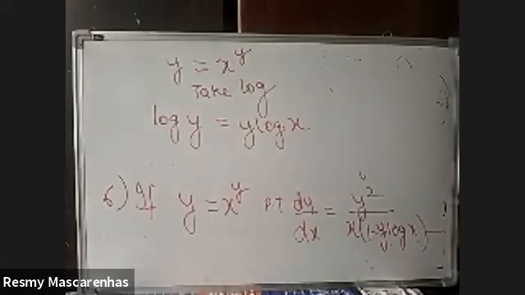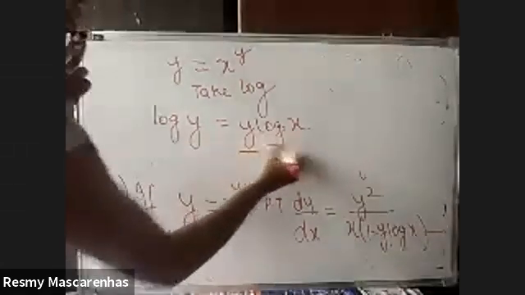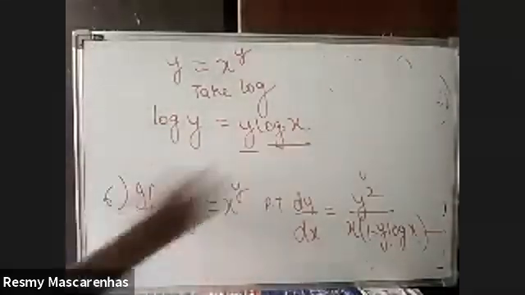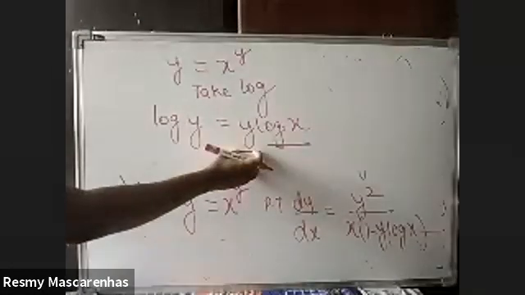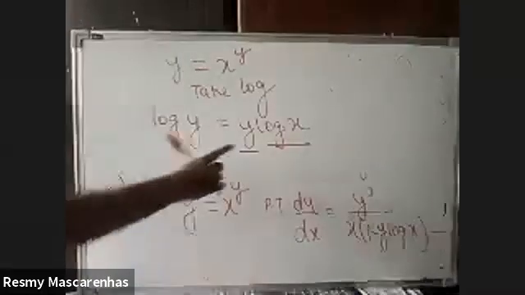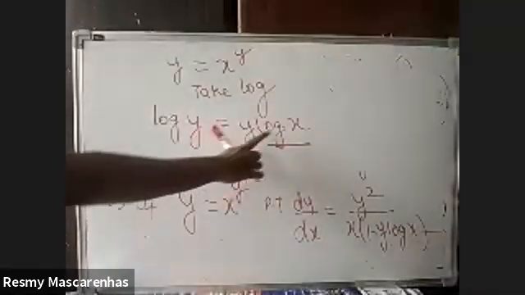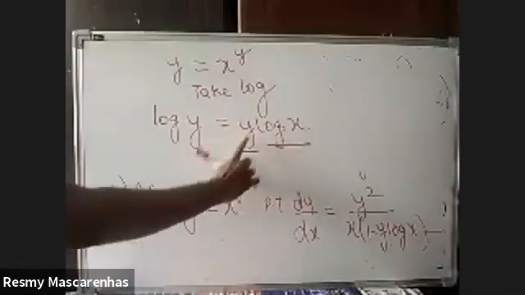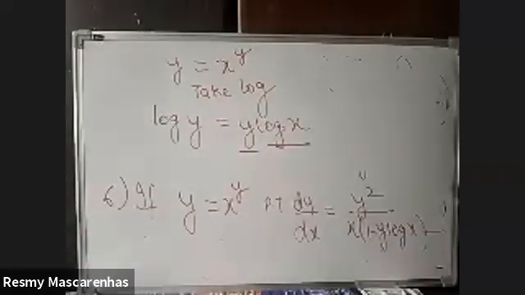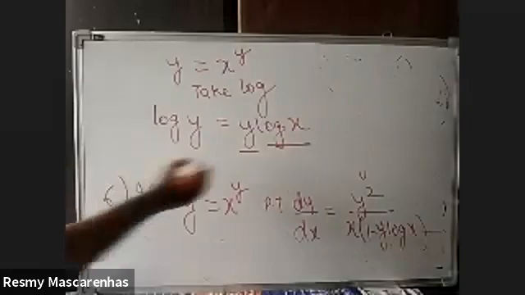Now differentiate. These are two terms, no? u into v. u is y, v is log x. So you have to do u into the derivative of v plus v into the derivative of u. y is the first term, log x is the second term. So differentiate.